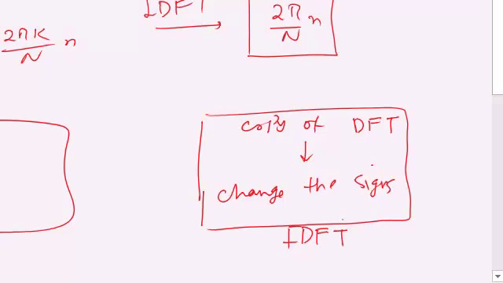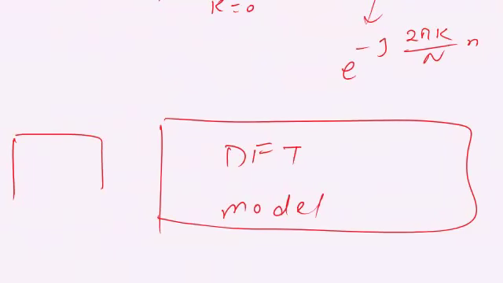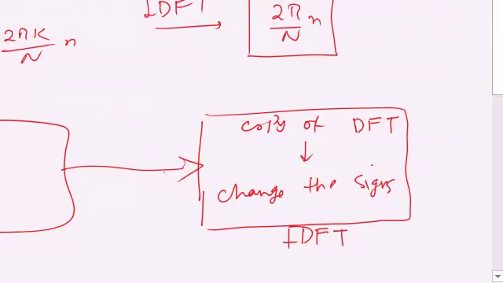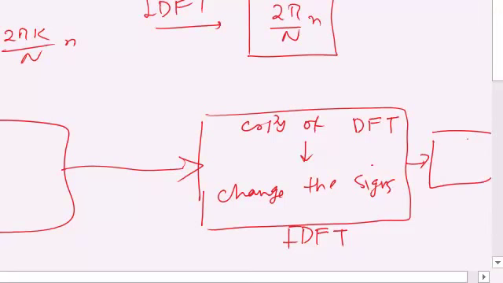Then what you need to do, to check to see if your model is working for DFT and IDFT, you need to implement this whole model. This is your ADC going to the DFT model, and then the output of the DFT model is going to the input of the IDFT model, and the output of IDFT is going to your DAC.